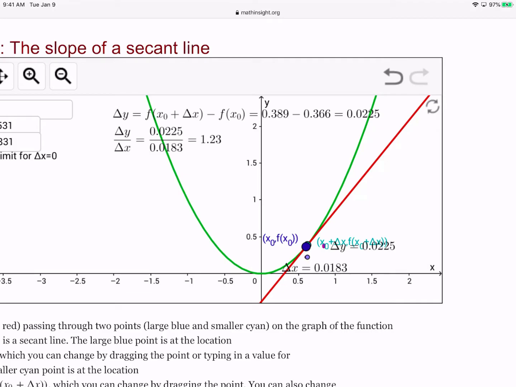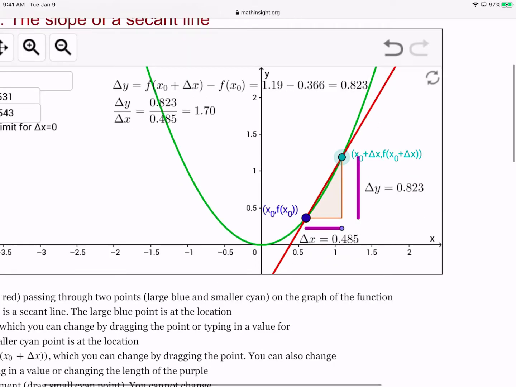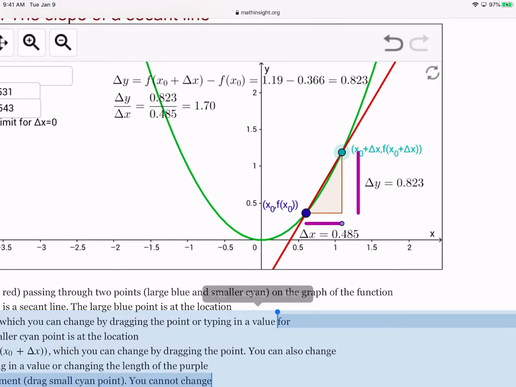Oh, this is how limits came about, because they're trying to find the limit as the change in x became 0, right? The change in x got smaller and smaller and smaller because those 2 points were getting closer and closer together. So they call that finding the limit as the change in x approached 0. So notice as I slide this point here, the difference between those 2 points, the blue point and the green point right now, is 0.485.